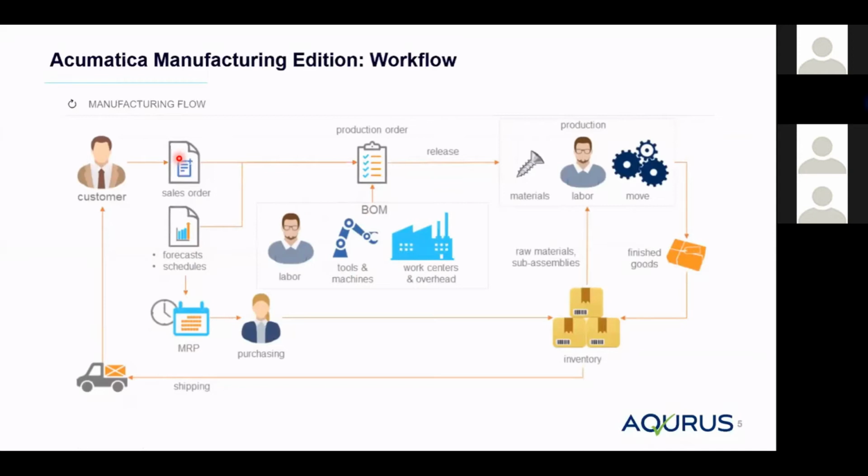So if the items are not in stock, and if it's a manufactured item, a production order can be created from there. And then it takes it through the production process, where we assign the materials, labor. We move it through its assembly areas, takes it into inventory, right into shipping and invoicing, all seamlessly integrated through all the financials and all the operational steps that you need to do.